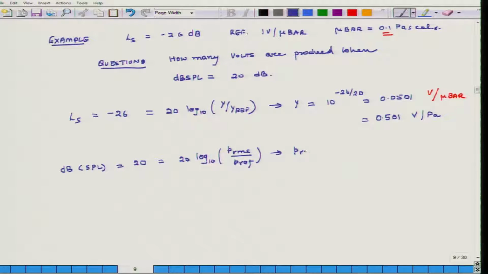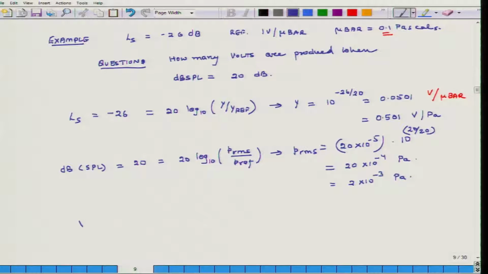So, P RMS equals 20 into 10 to the power of minus 5 times 10 to the power of 20 divided by 20. So, that works out to be 20 into 10 to the power of minus 4 Pascals, or it is 2 into 10 to the power of minus 3 Pascals.